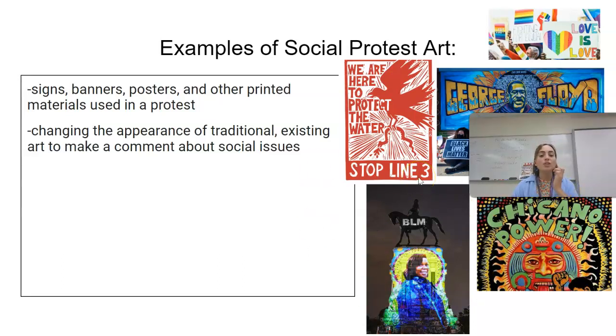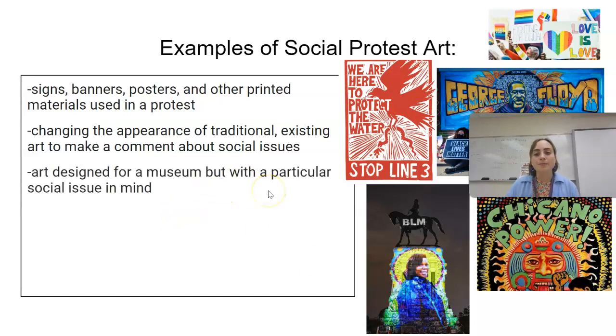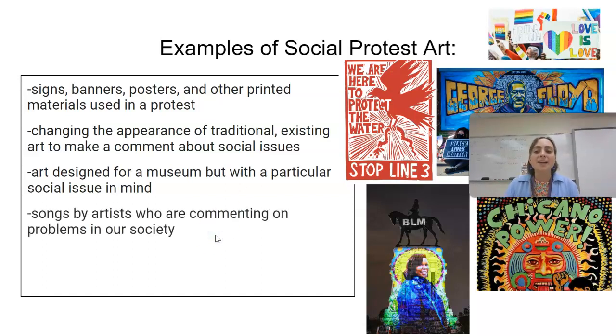It was a statue to a Confederate soldier, and activists actually changed it to be a mural of Breonna Taylor in order to make a comment about racism and police brutality. This can be art designed for a museum, but with a particular social issue in mind. It can also be song lyrics by artists who are commenting on problems in our society.